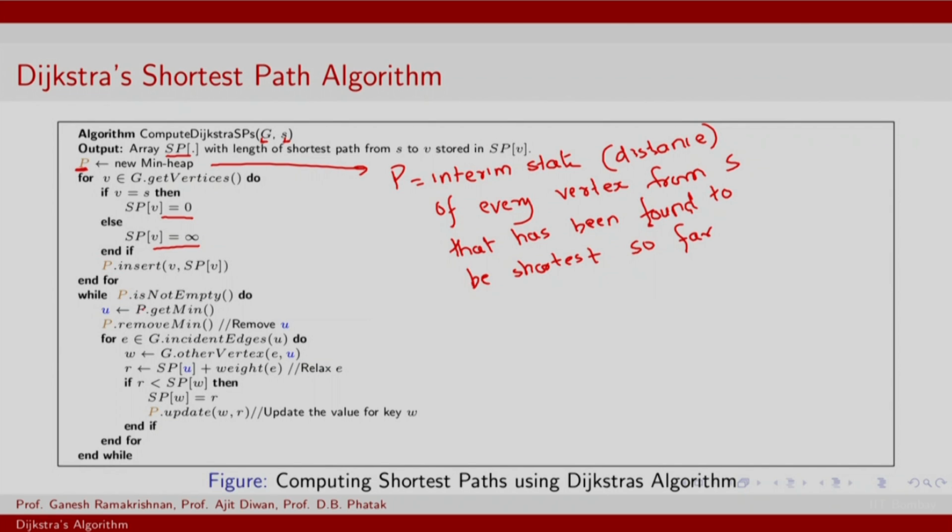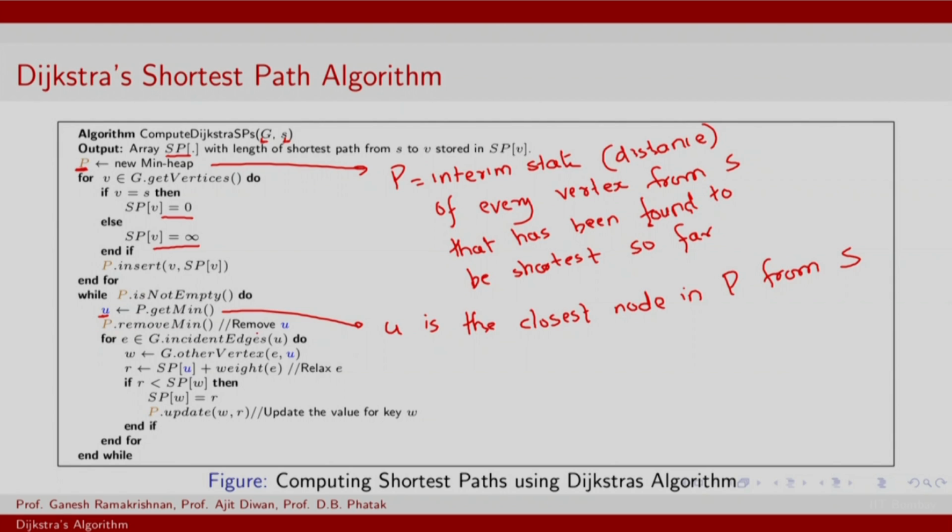So P is a priority queue and we pick the minimum element from P within this loop. U is that minimum, which means U is the closest node in P from S. So initially what you will get from P is the source node itself.